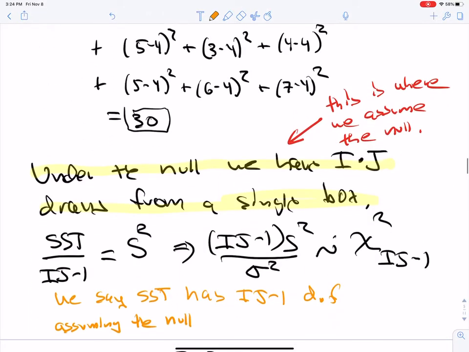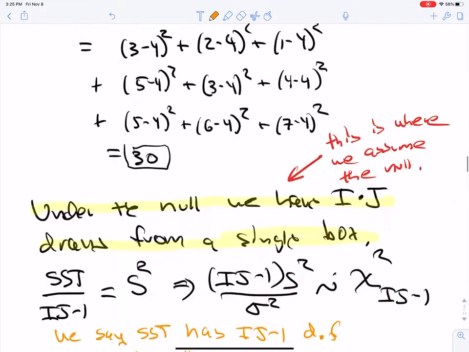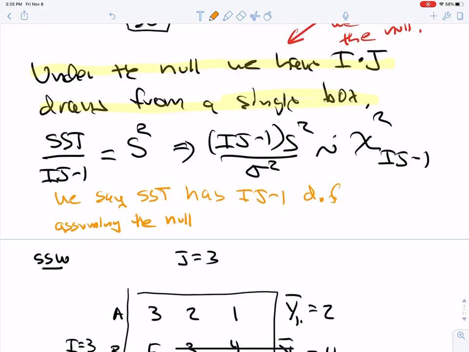And that then gives me that SST divided by ij minus 1 is going to be the sample variance, and then by fact 2 that I've written here from chapter 6, ij minus 1 times the sample variance over sigma squared is a chi-squared random variable with ij minus 1 degrees of freedom. So we say that SST has ij minus 1 degrees of freedom, assuming the null.